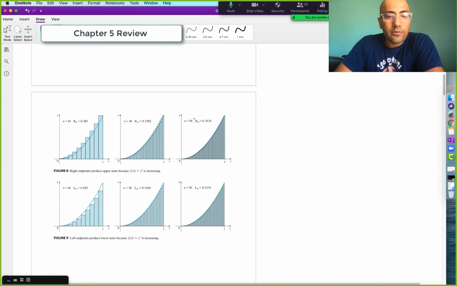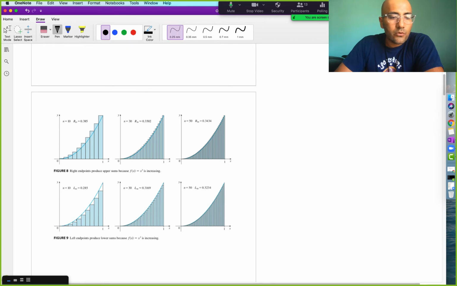In all 3 of these cases up here, we have overestimations. We have right endpoints on each rectangle. Whereas in these 3, they're all being underestimated. Left endpoints on the rectangles.